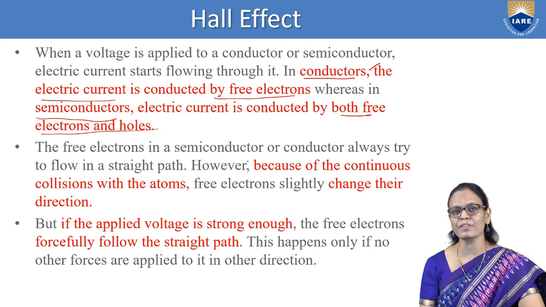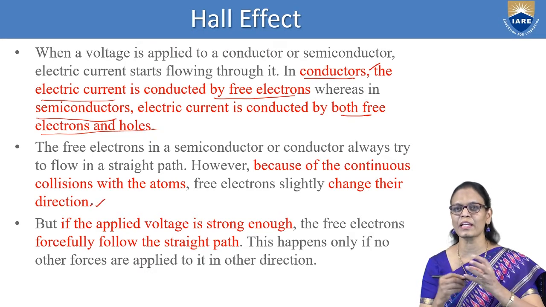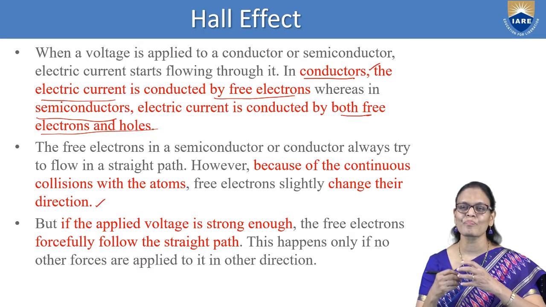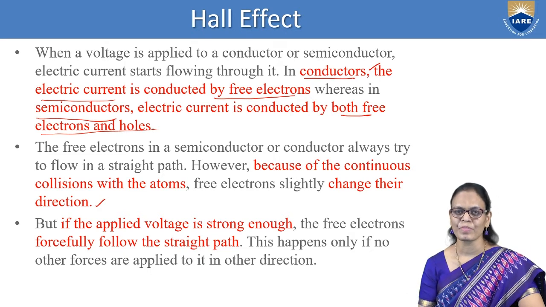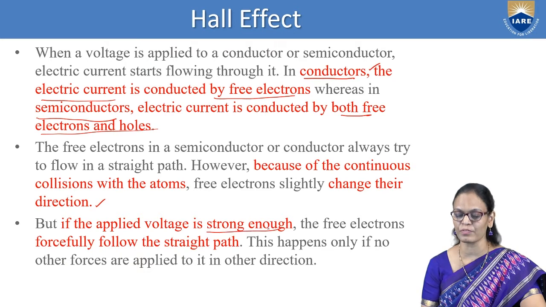Now, the free electrons in a semiconductor or a conductor always try to flow in a free path or a straight path. But because of continuous collisions with the atoms, the electrons slightly change their direction. Whenever there is a collision with the atoms, they may change their path. Then what happens if we apply a voltage which is strong enough?